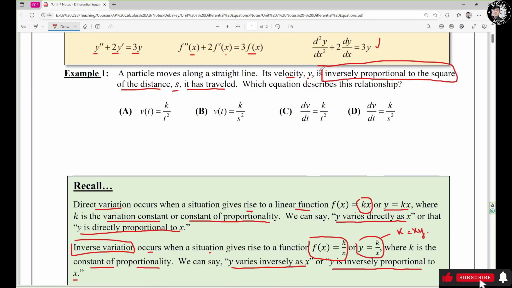The keywords here are inversely proportional, so we apply the formula: the velocity is v equals the constant k divided by the square of the distance, so it's s squared. So the answer must be b.